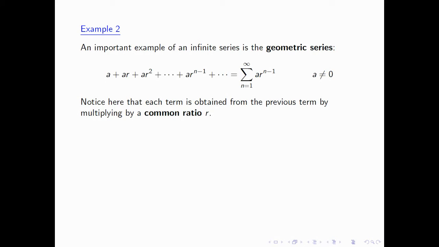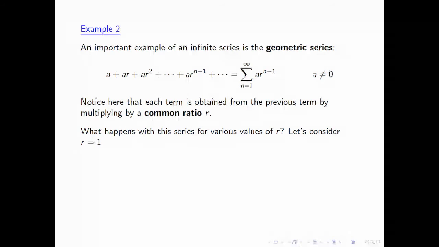Notice also that to go from one term to the next term, we multiply by what we call the common ratio, and the letter we use for that is r. So we want to see whether this series converges or diverges for particular values of r. Okay? And so we will look at various values of r.